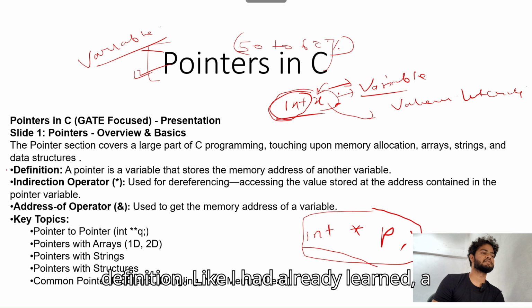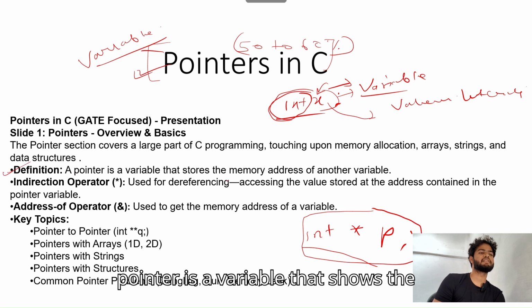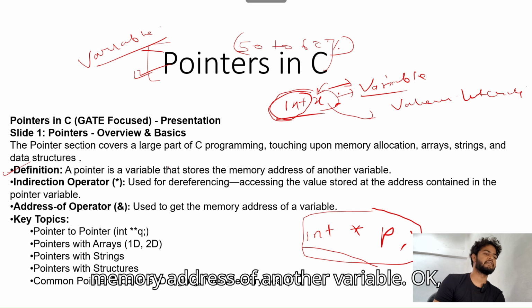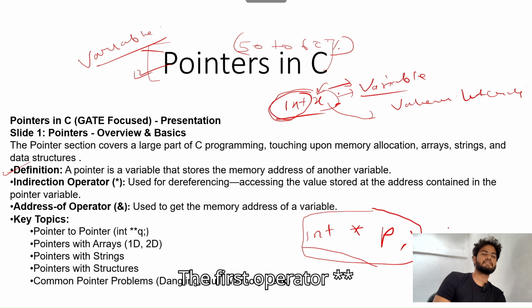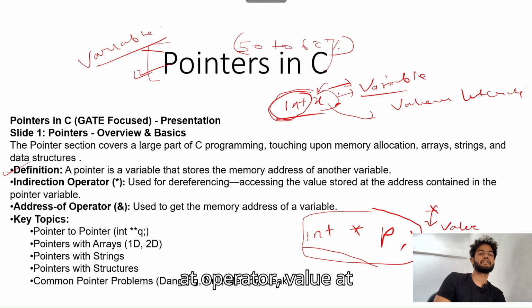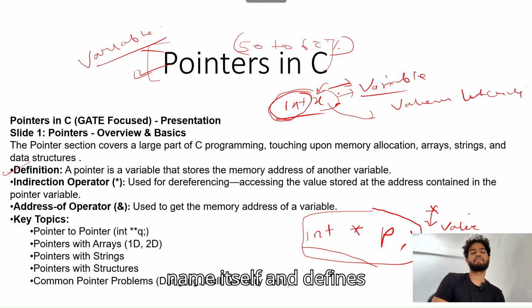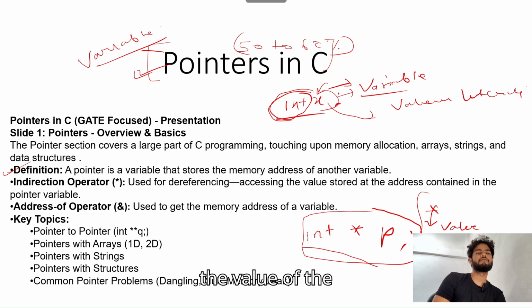So let's see this definition. As I had already learned, a pointer is a variable that stores the memory address of another variable. Here we have two operators. The first operator, star or asterisk, is known as the value at operator. The name itself defines the value of the variable.